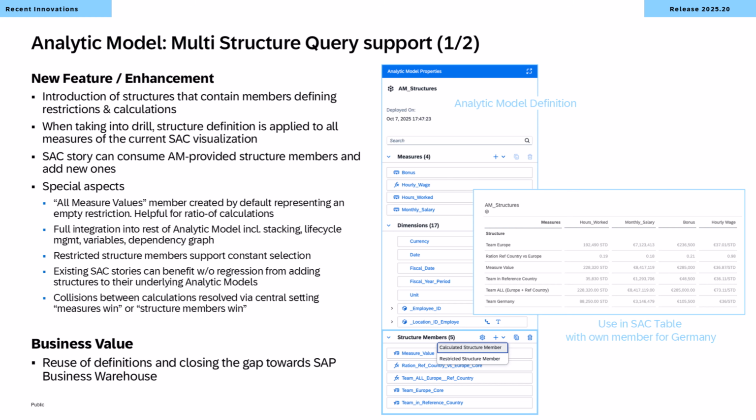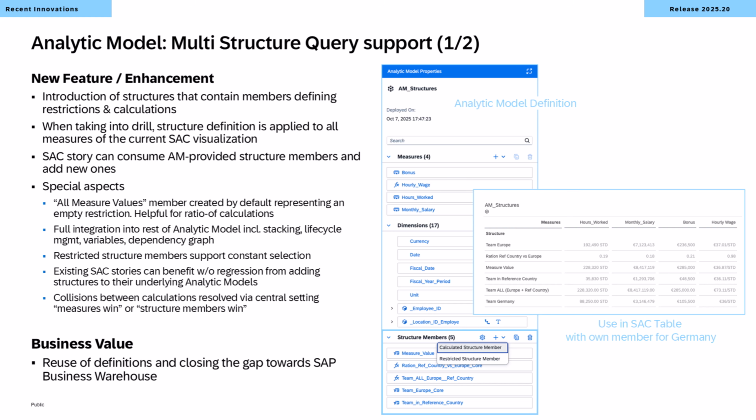So what these members are essentially, either calculations or restrictions, that you define generically. So you would define a restriction on a country, on your top customers, on your top customer segment or so. And you can build a whole plethora of these and also reference each other. And then you can throw them at all the measures currently in drill.